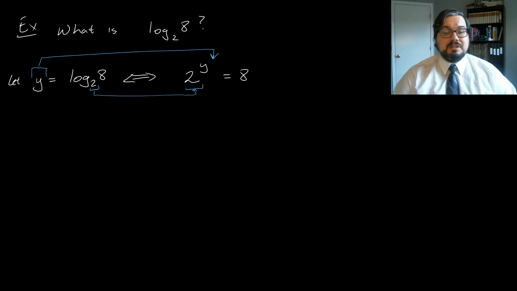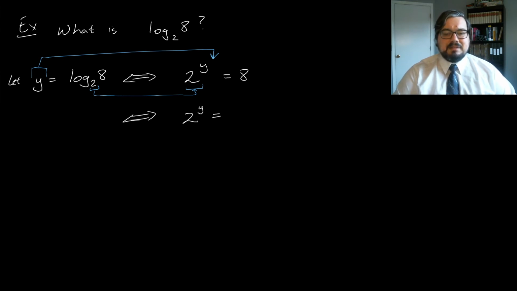And so now the question is, well, okay, 2 raised to what number is 8? In this case, we can work this out fairly easily. We may already know the answer. One strategy that helps is to express the right-hand side in terms of the base on the left-hand side.